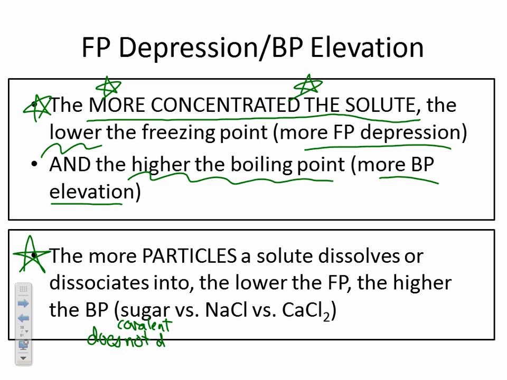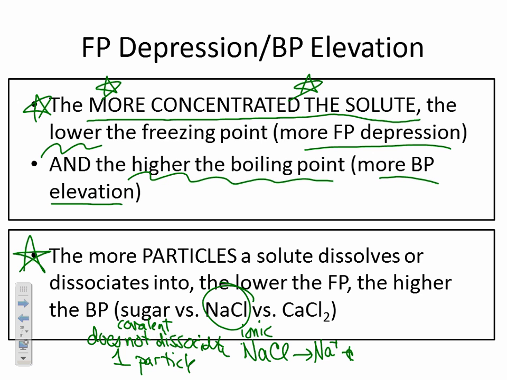It doesn't split up into ions, so this is just one particle. But NaCl is ionic. So when you put NaCl in water, we get Na+ and Cl-, i.e. we get two particles.